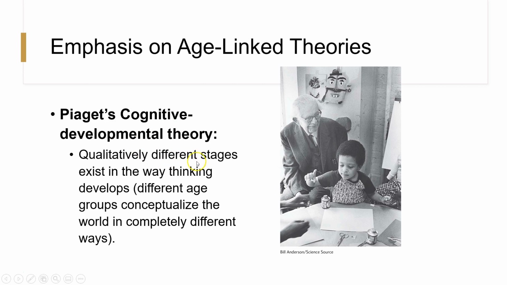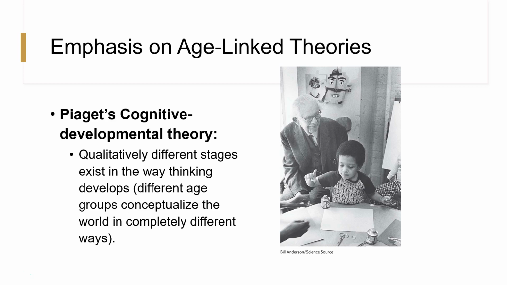Children hit different stages, so this is the idea of discontinuity, in their way of thinking. Different age groups actually think about the world in completely different ways. This is the way that Piaget sees the world, children developing through stages as they reach different ages.